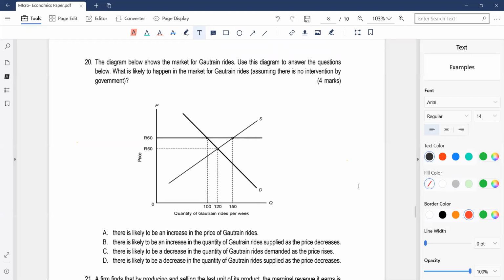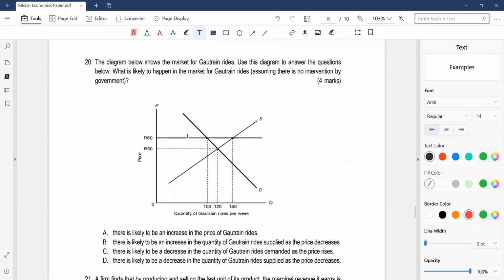All right, number 20 says, the diagram below shows the market for Gautrain rides. Use this diagram to answer the questions below. What is likely to happen in the market for Gautrain rides, assuming there's no intervention by the government? What was set was 60 as the price.